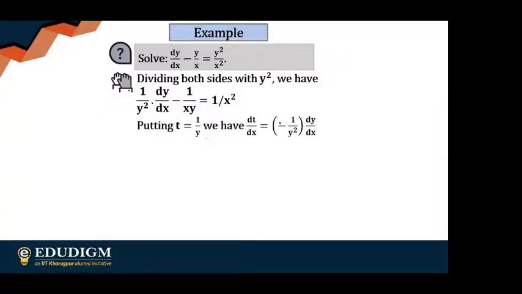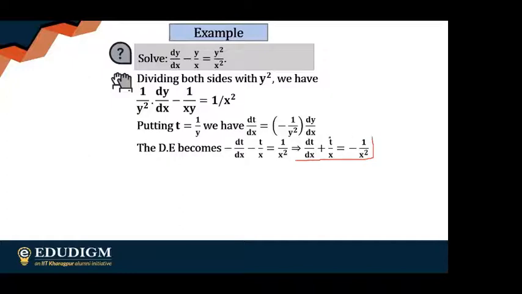I'm putting t equals to 1 by y. So dt/dx will be minus 1 by y squared dy/dx. Now I'm going to put all the values here. This is minus dt/dx, this is minus t by x, and this part is 1 by x squared. Look at this. It is actually a linear differential equation of first order.